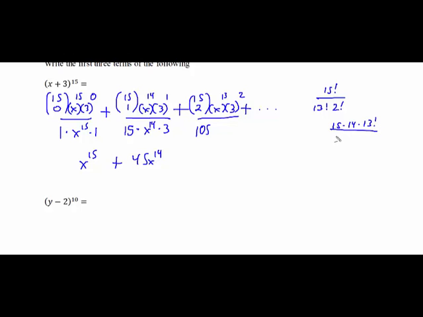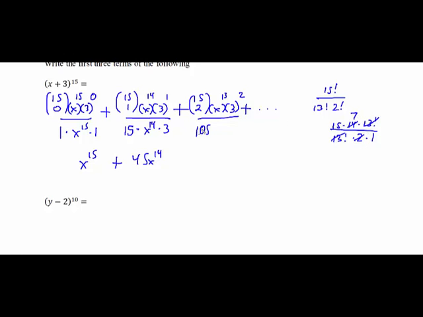I'm going to stop right there, and then I will go down here and write 13 factorial times 2 times 1. These simplify, and then what makes this important is that we are going to divide this by 2 and this by 2, so this is 7.